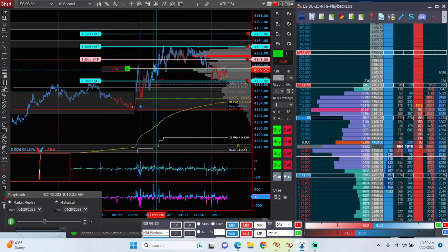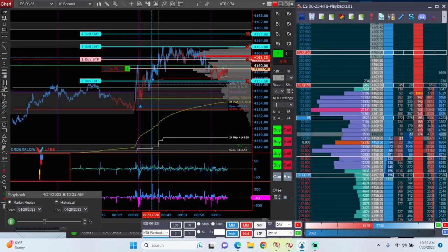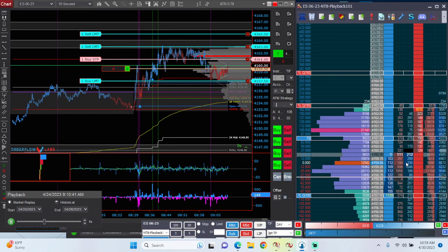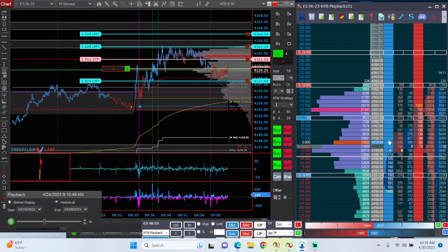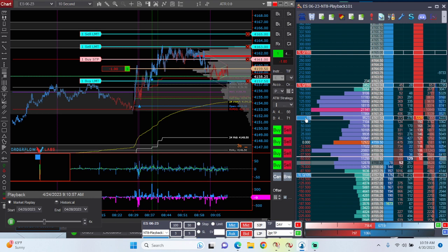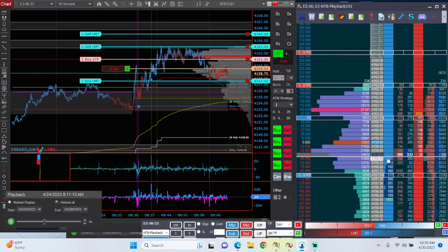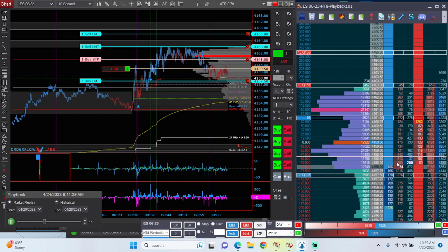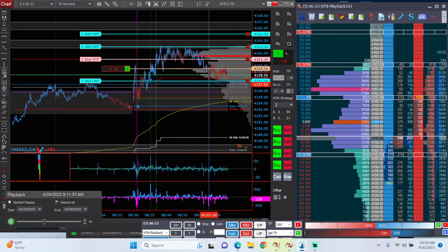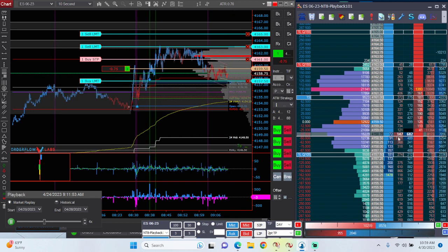Sell at 65 because it's up. Another contract at 1. High again.